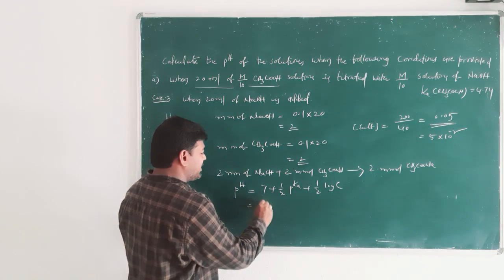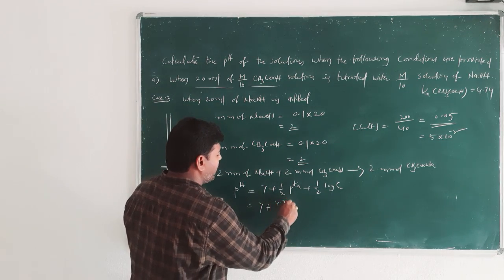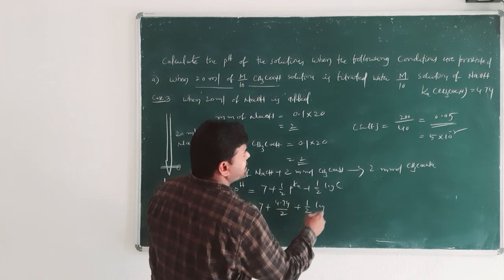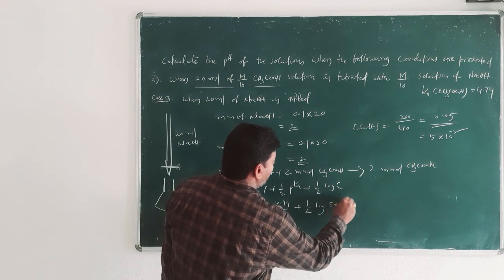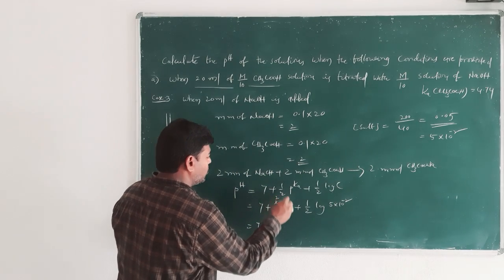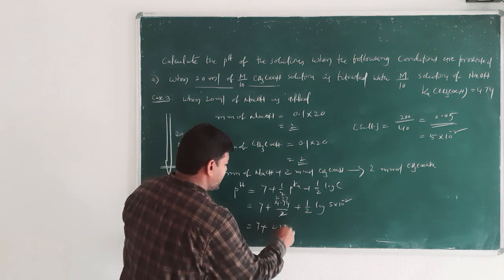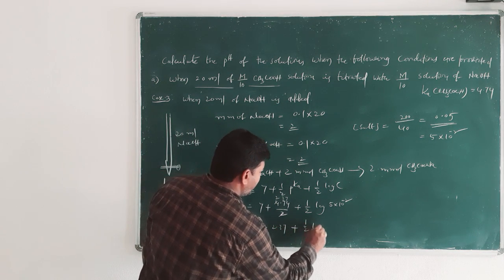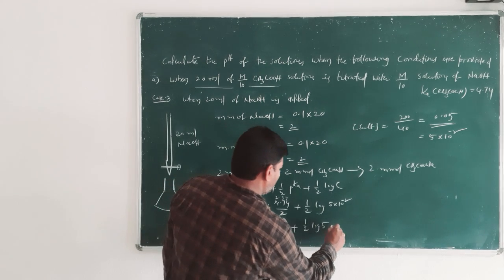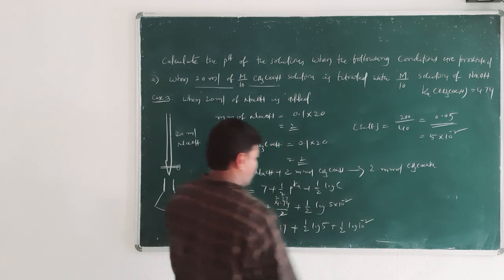So, we can write 7 plus pKa. What is the value of pKa? 4.74 by 2 plus 1 by 2 log C, that is 5 into 10 power minus 2. In the next step, 7 plus this 2.37 plus 1 by 2 log 5 plus 1 by 2 log 10 power minus 2.